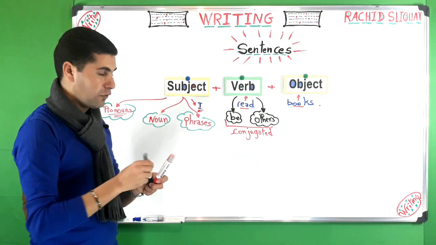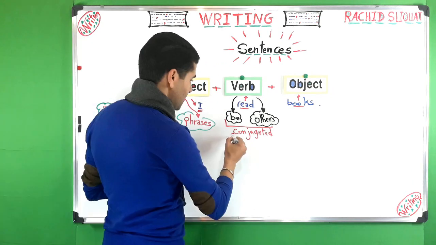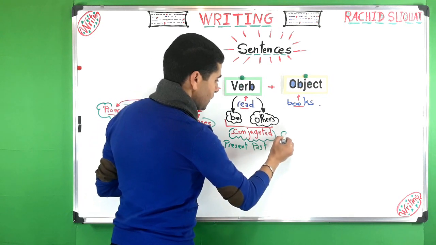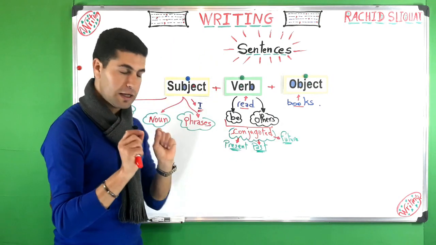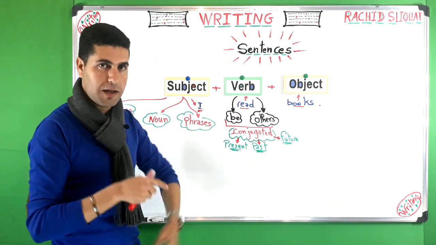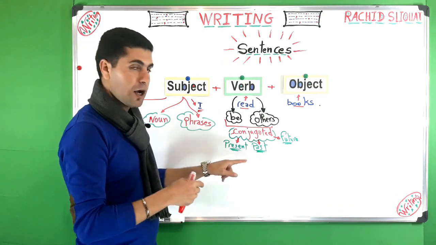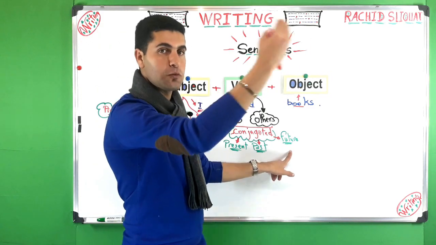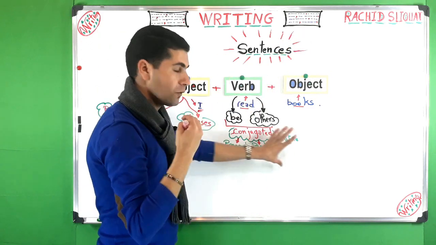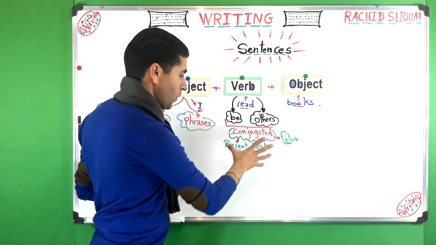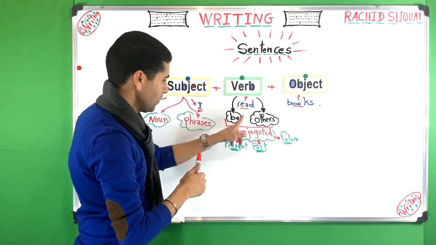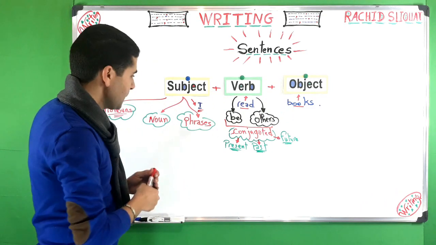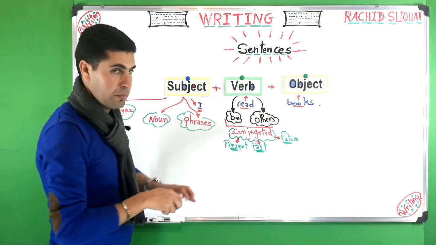When I say conjugated here, I mean it can be present or past or even future. It should be conjugated according to the tense, to the time. Are we talking about present or past, or are we talking about the future? So this has to do with grammar and you have to be aware of these tenses. For example, the verb read here, I read books, this has to do with the present. So this is for the verb.